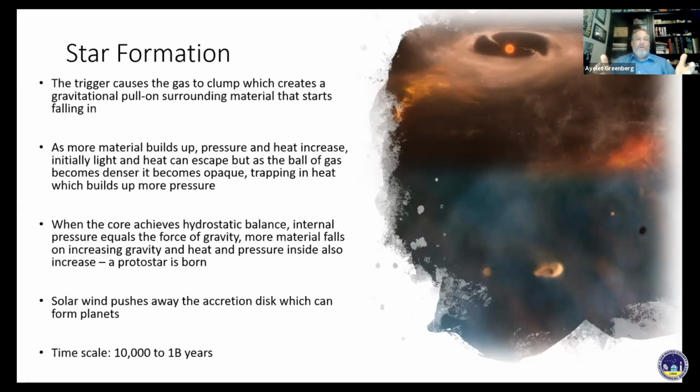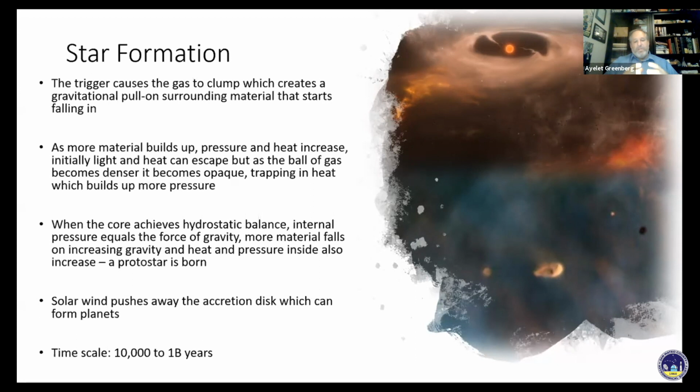And now we have an object which is in hydrostatic equilibrium. There's a balance between gravity and pressure. Even as we add more material falling on and gravity is increasing, so is the pressure. So once we achieve that balance, that is what we call a protostar. And as I said, that process can take anywhere between 10,000 years to 250,000 years.